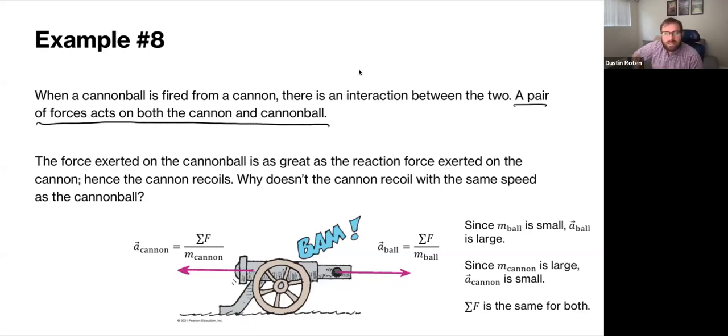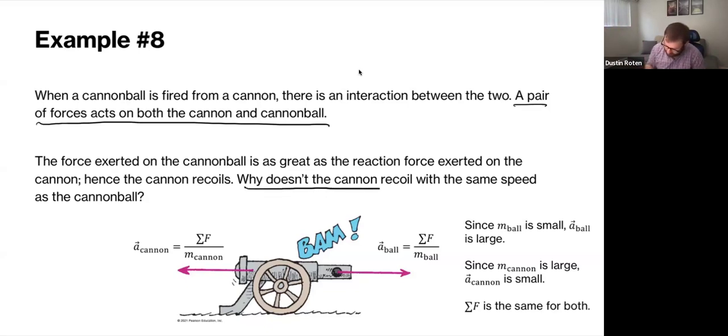So the force exerted on the cannonball is as great as the reaction force exerted on the cannon. Okay, so that's why the cannon will recoil. There's a force pointing in that direction, and it's the same amount of force that's pushing the cannonball forward. But the question is, why doesn't the cannon recoil with the same speed as the cannonball? So if the cannonball leaves just hauling, why doesn't the cannon itself just fly backwards too at the same rate?